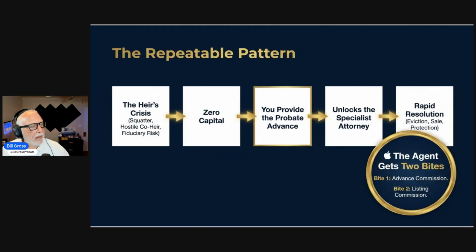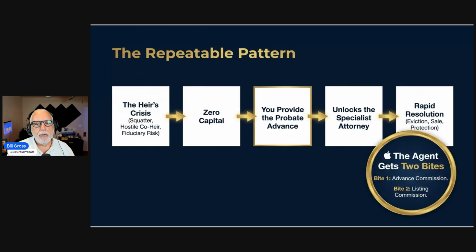So here's the pattern that we have over and over again, which is that an heir has some sort of crisis. It could be a squatter, it could be a hostile co-heir, a fiduciary risk, and they don't have any money. And because they don't have money, they're being bullied by the other party, whether it be the heir who's living in the property, or a squatter, or the other heir who owns the other half of the property. In my experience, when I watch this, they're always bullying the other people.